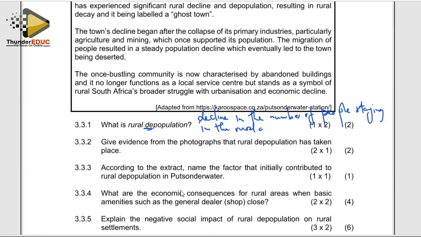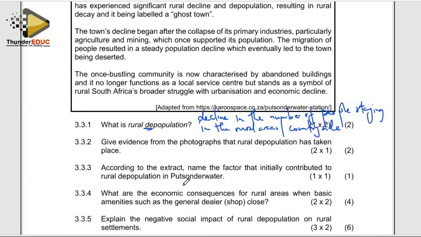In the rural areas, or we can call it the countryside. That's rural depopulation. The size of the population is declining. It's a decrease in the number of people staying in the rural areas, that is rural depopulation.